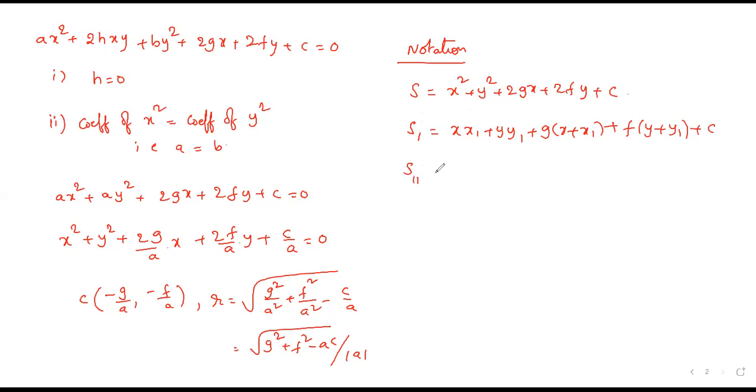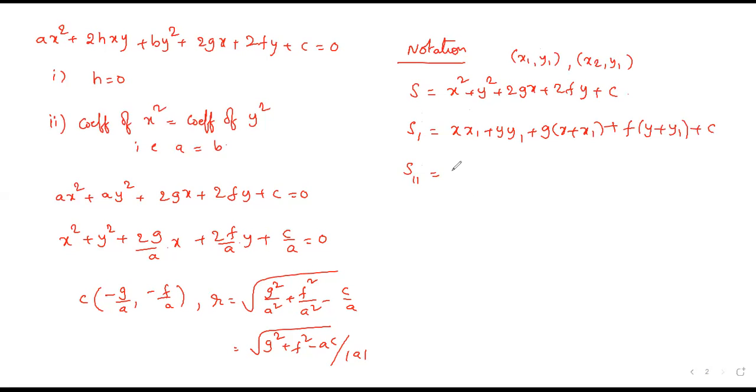Next, S11 is substituting the point x1, y1, and for two points x1, y1 and x2, y2 we write further notations. So S1 means corresponding to the first point: xx1 plus yy1 plus g into x plus x1 plus f into y plus y1 plus c.